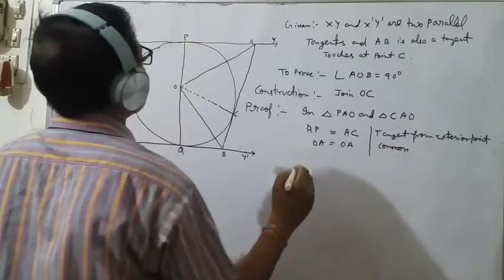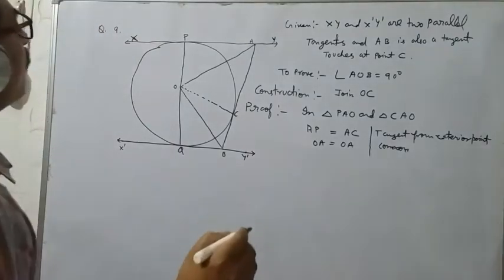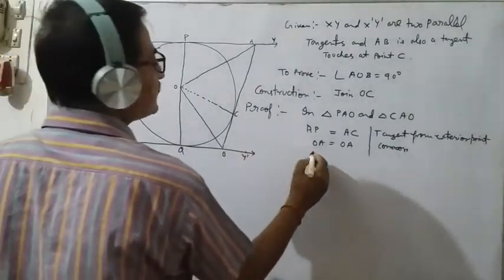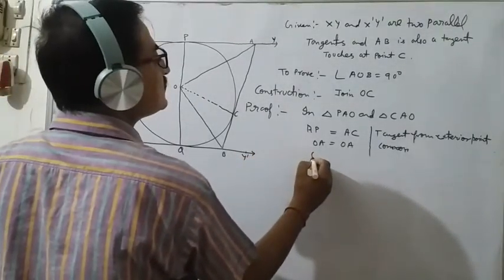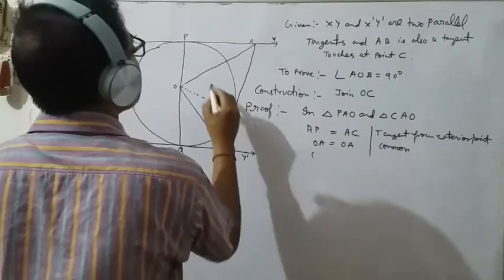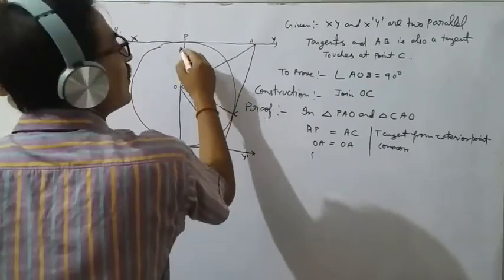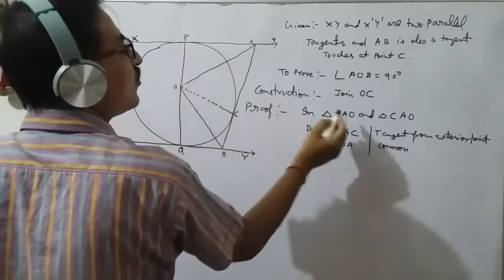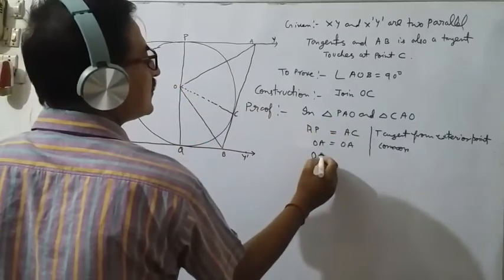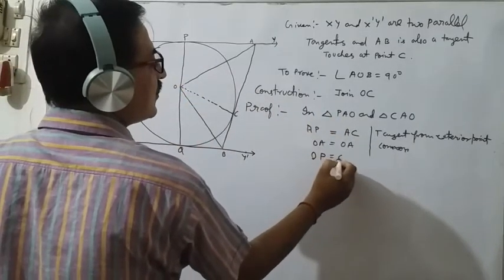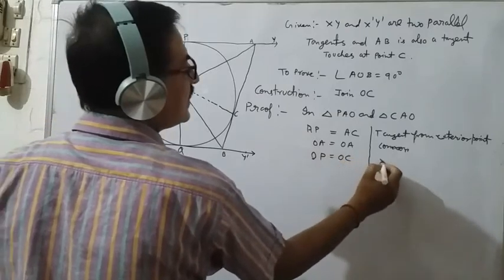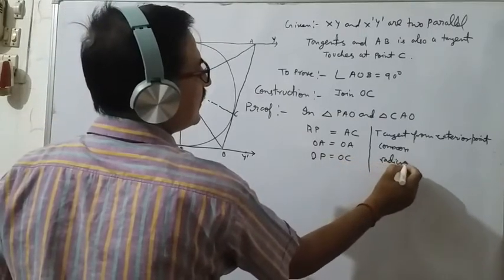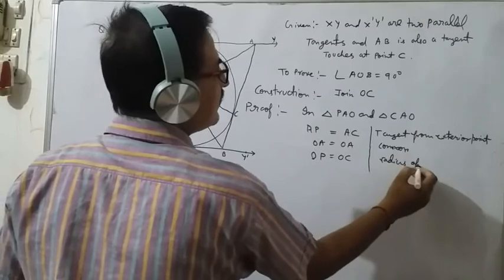And next, OP equals OC, because both are radii of the circle, so they are equal.